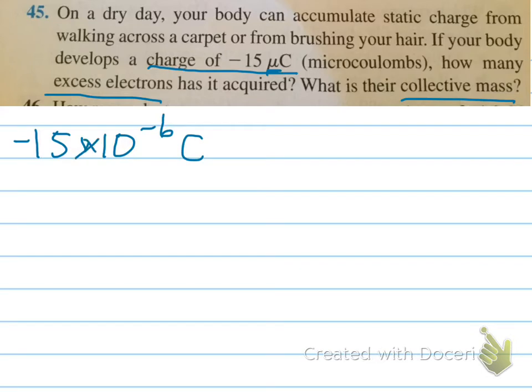And I know, based on what the textbook has given me, we can do the first question first. One electron has a charge of negative 1.6 times 10 to the negative 19. So the question is, how many electrons does it have?